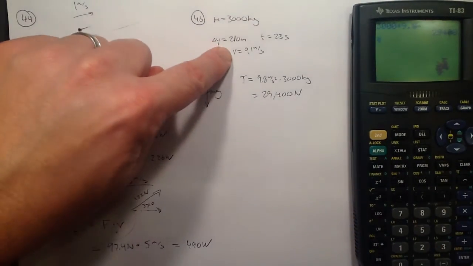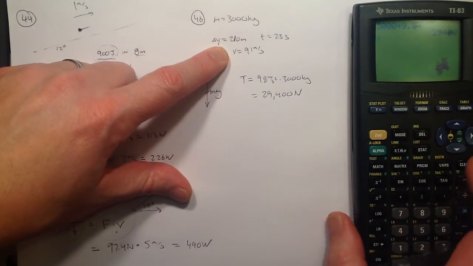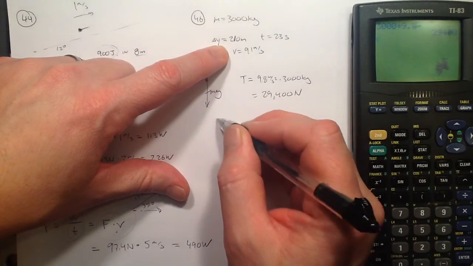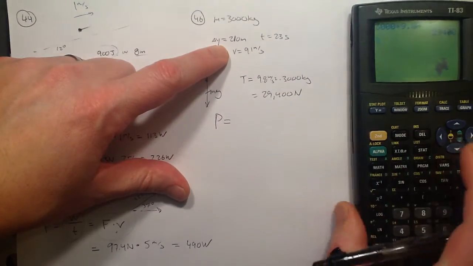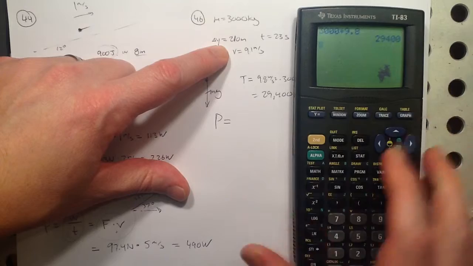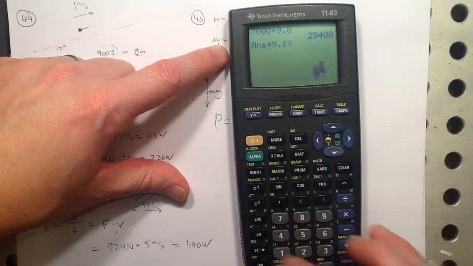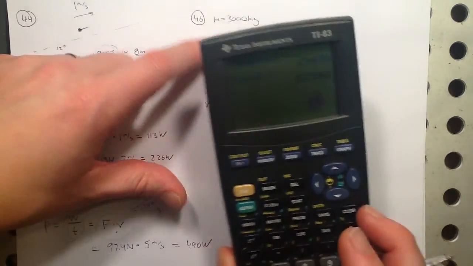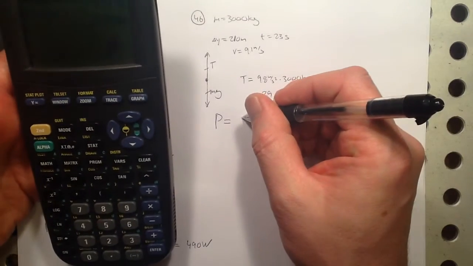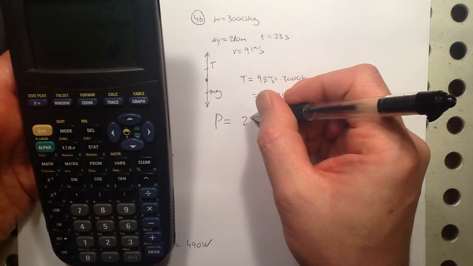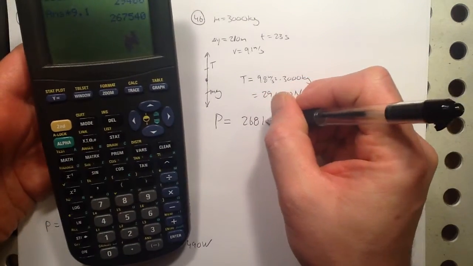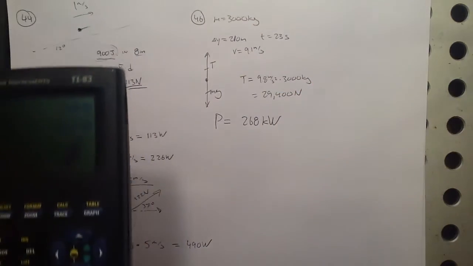And if we're going up at 9.1 meters per second, then power is equal to force times velocity. So that's going to require about 268 kilowatts, right?